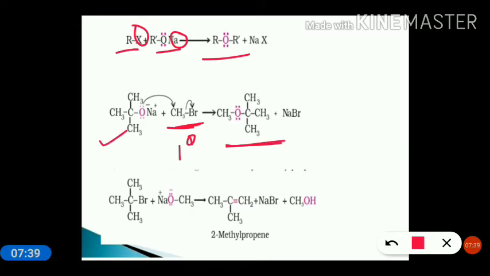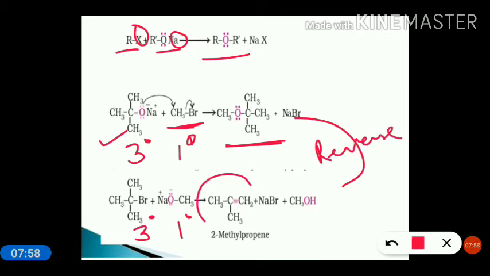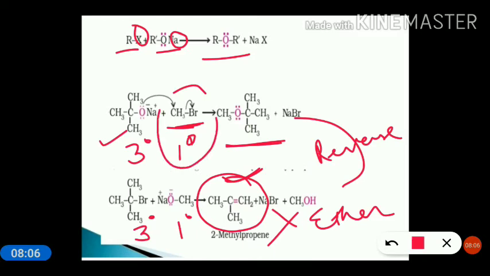But if the condition is reversed, with alkyl halide 3 degree and RONa 1 degree, this is the reverse reaction. Then there is no formation of ether, but there is formation of alkene. So alkyl halide should always be 1 degree only.